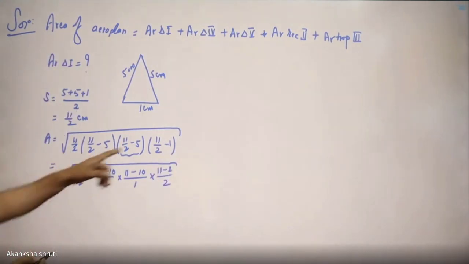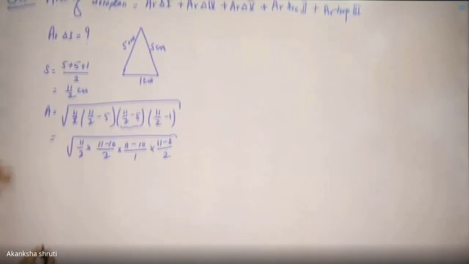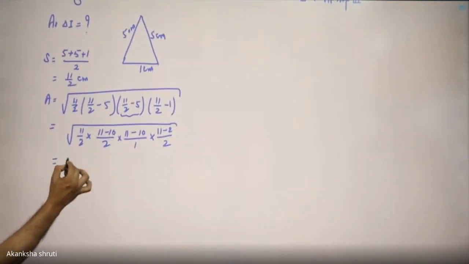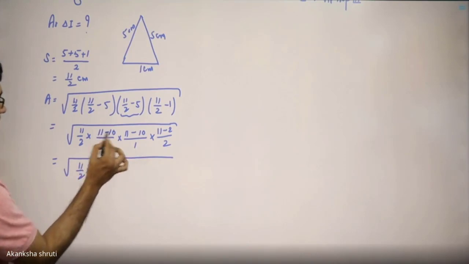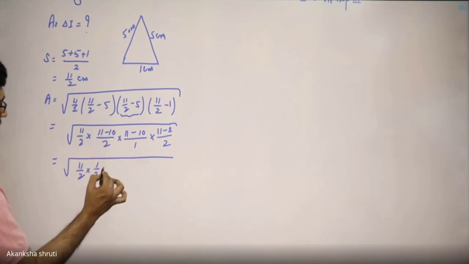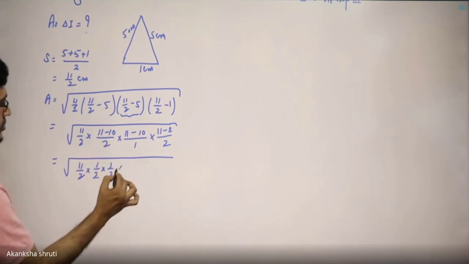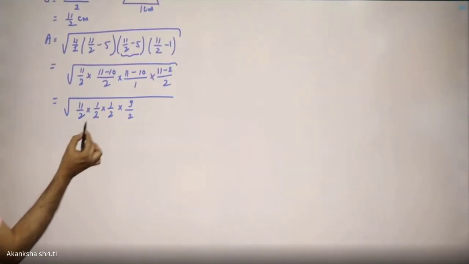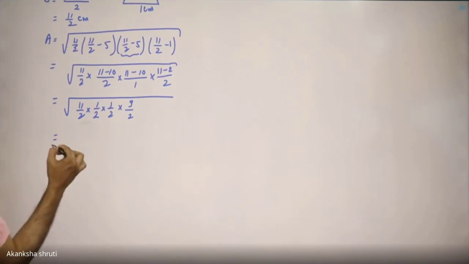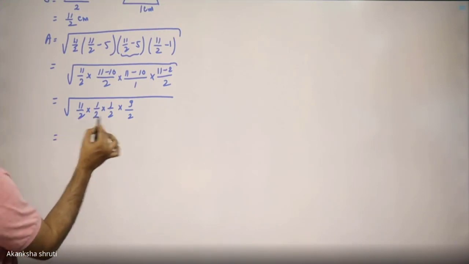A simple subtraction, you all know it. Students, it will get converted into 11 by 2 into (11 minus 10 is 1) by 2 into 1 by 2 into 9 by 2. Students, what is in the denominator? In the denominator 2, 2, 2, 2.